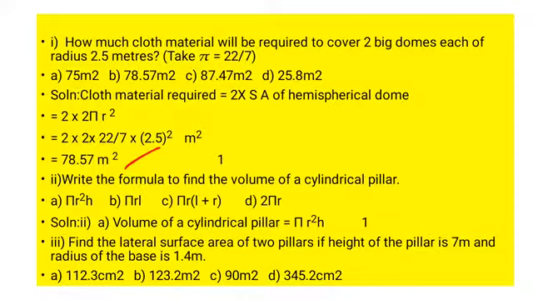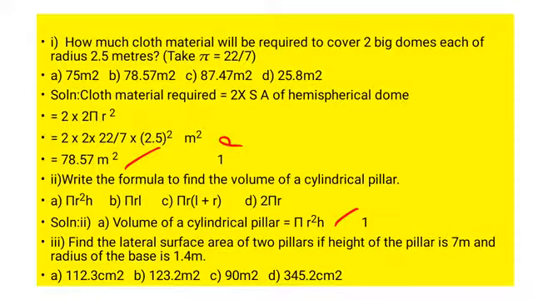That is answer C. Second question, write the formula to find the volume of cylindrical pillar. We know the formula of volume of cylinder is pi r square h. Therefore, answer is A.